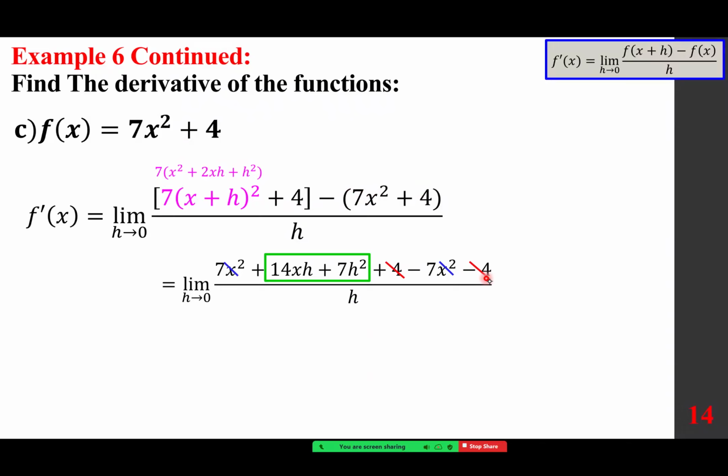In the numerator, we are left with 14xh plus 7h squared. We factor out the h. We drop the h from the top and the bottom.